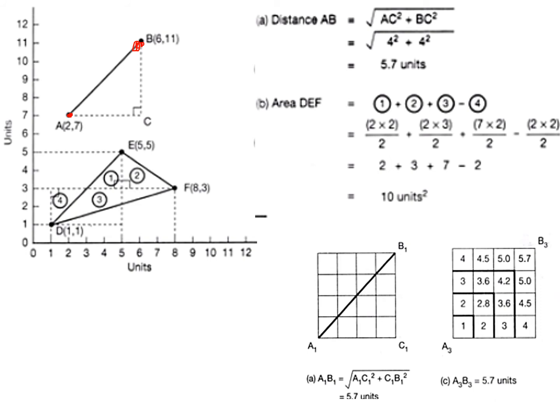You go for some arithmetic operation. The coordinates are 2 7 and 6 11, so simply you can use the Pythagoras theorem, and you get a value of 5.7 units.